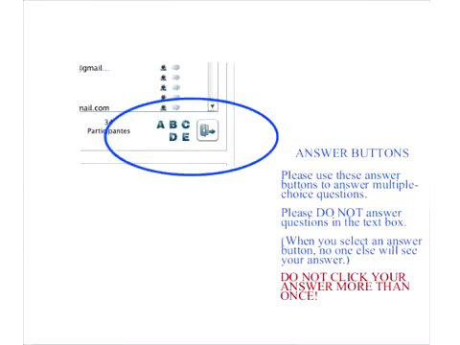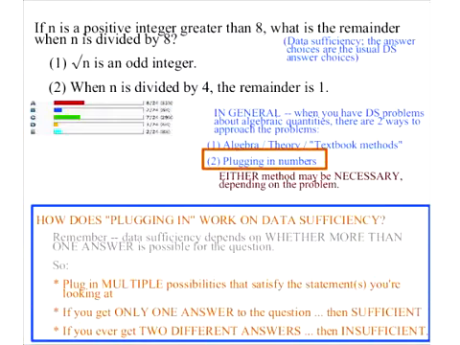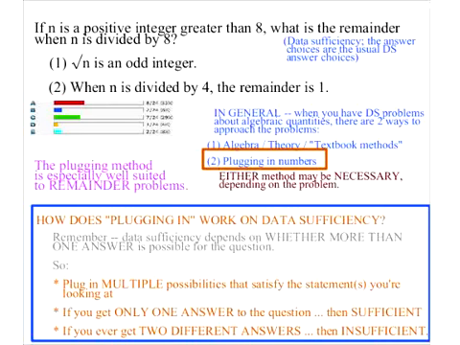So this plugging method, especially for remainders, I mean, we can sneak a peek at some theory for that statement 1 here in a second. But the plugging method is especially well suited to remainder problems. Very, very well suited.